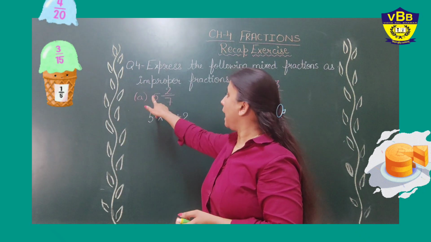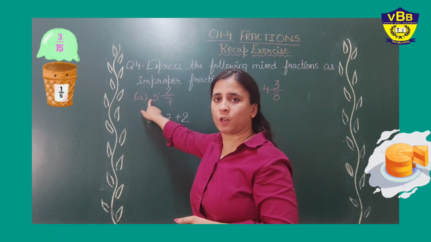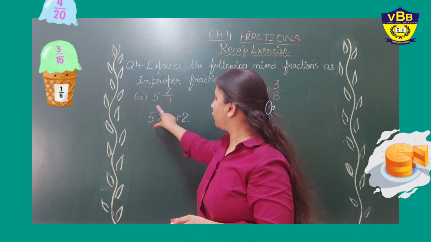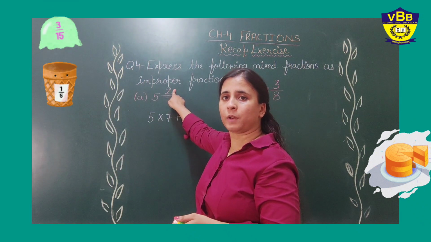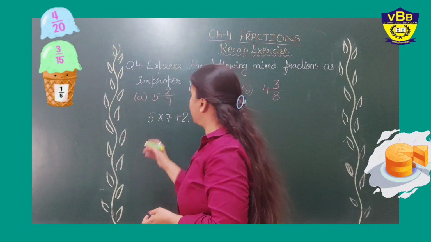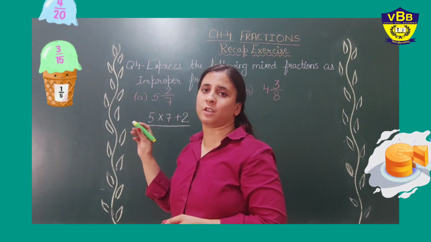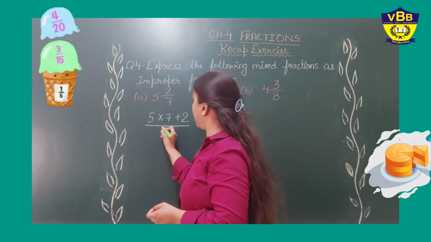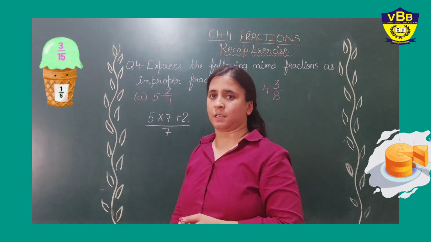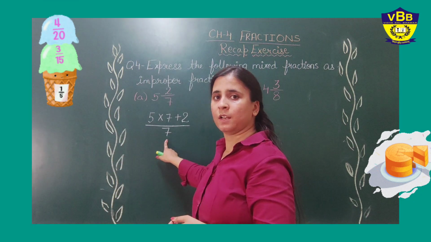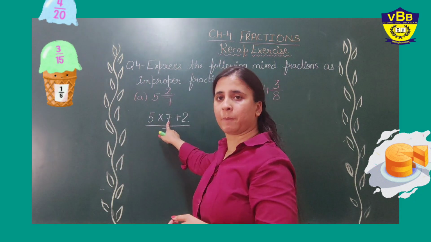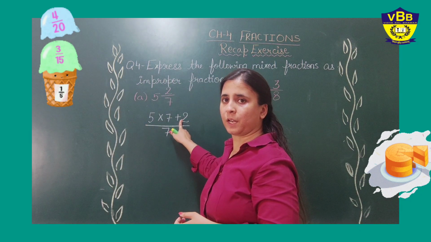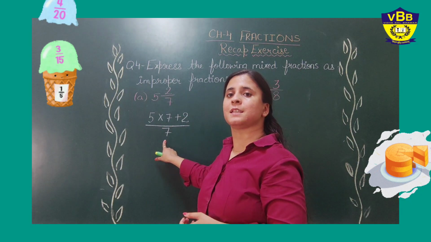So I am going to multiply the whole number, 5, with the denominator, 7, and to the product I will add the numerator, 2. This answer will become the numerator and the denominator will remain as it is, that means 7. So it is 5 multiplied by 7 plus 2.